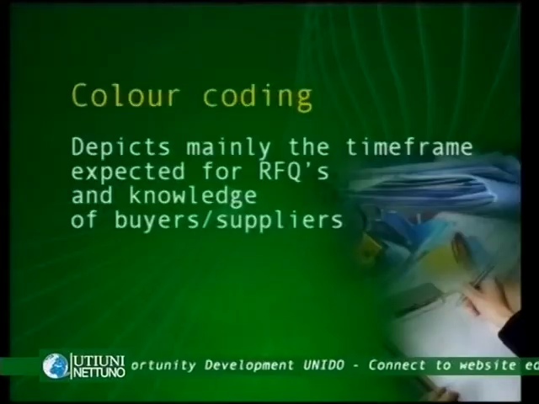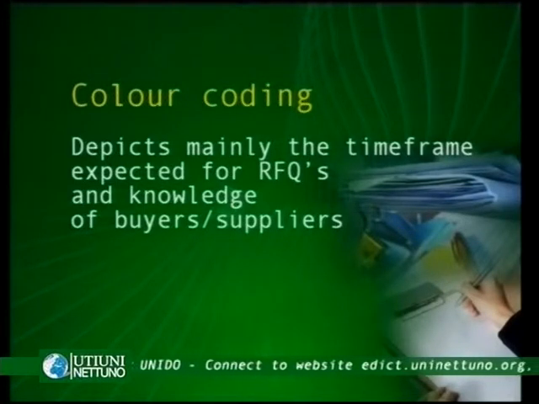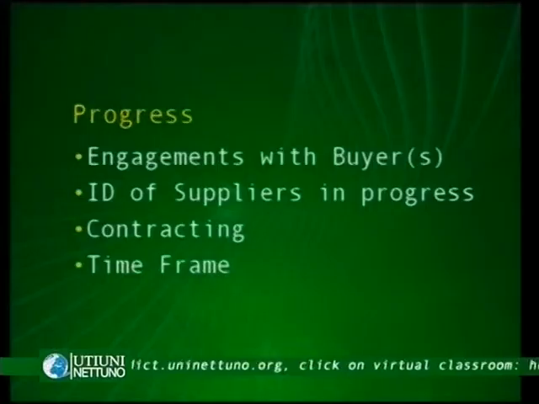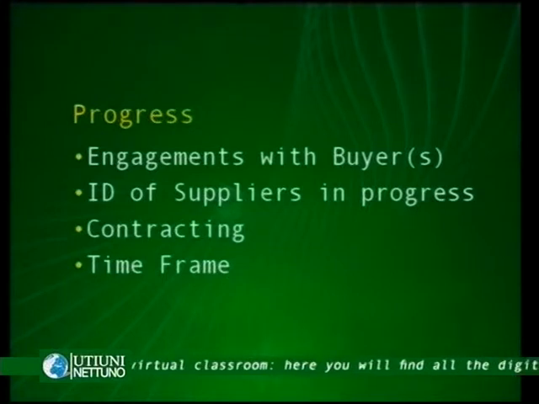It depicts mainly the time frame expected for RFQs and knowledge of buyers and suppliers. If we go back, it is really to investigate those 4 progress elements.